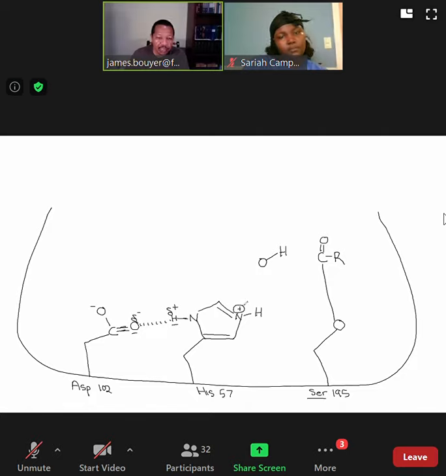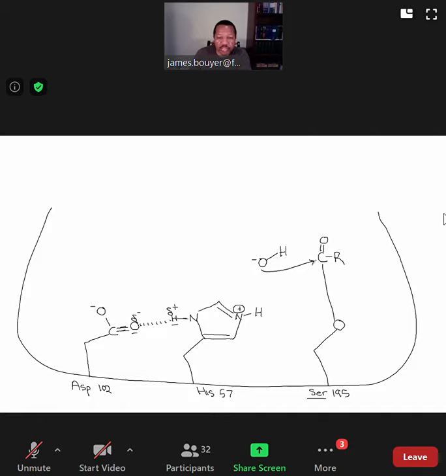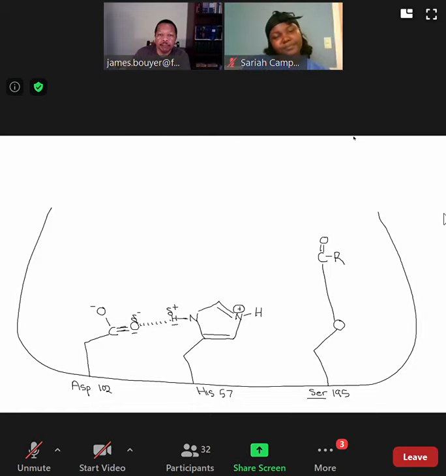So again, histidine acted as a base. Here's now the OH group. This is the new nucleophile that's going to attack the carbonyl carbon because that is the electron deficient atom. So I'm going to make a new covalent bond here. The OH group.